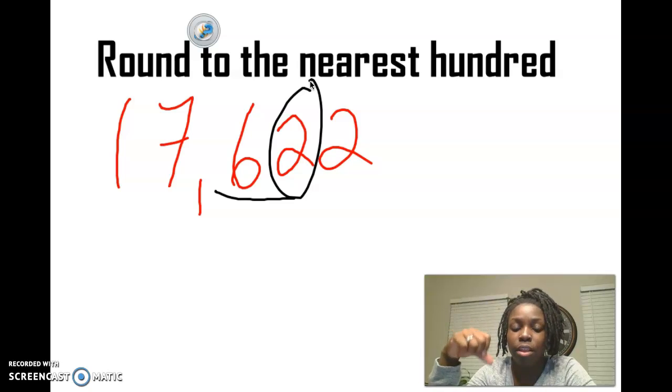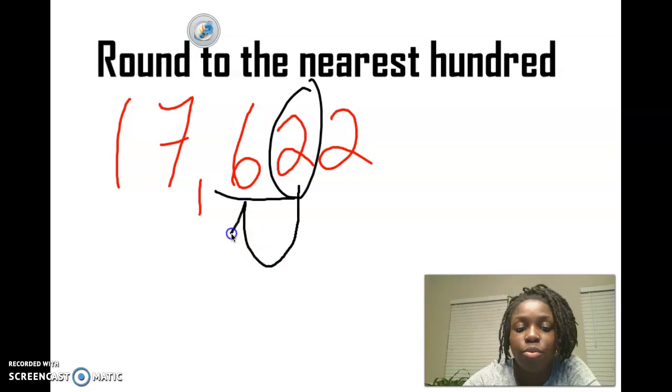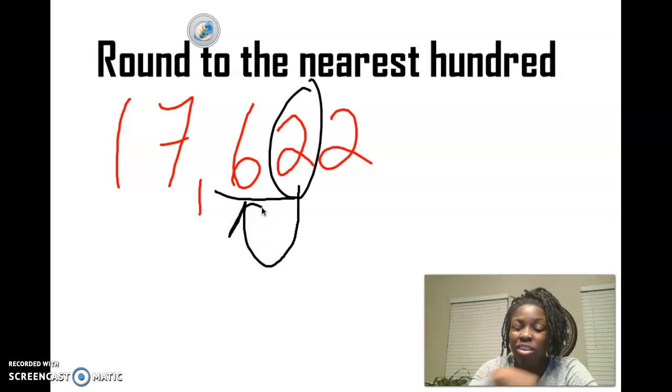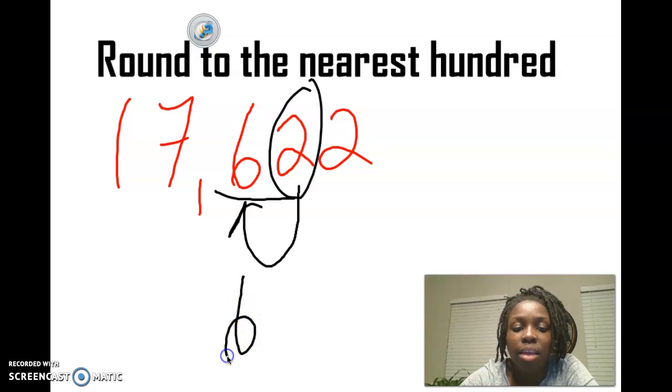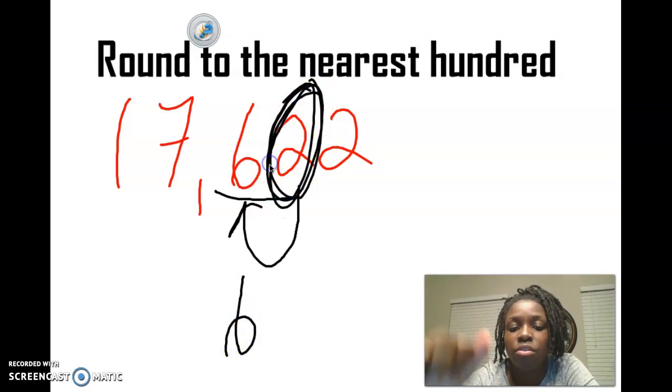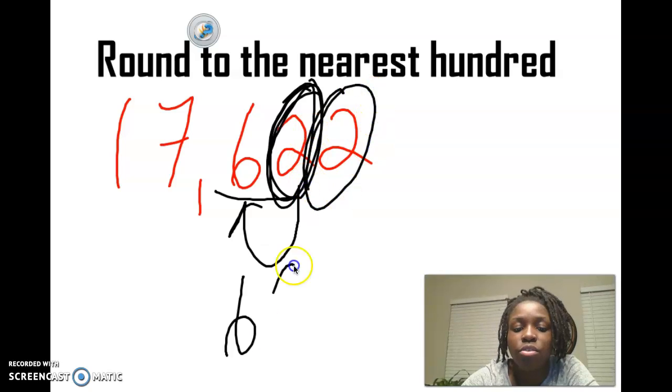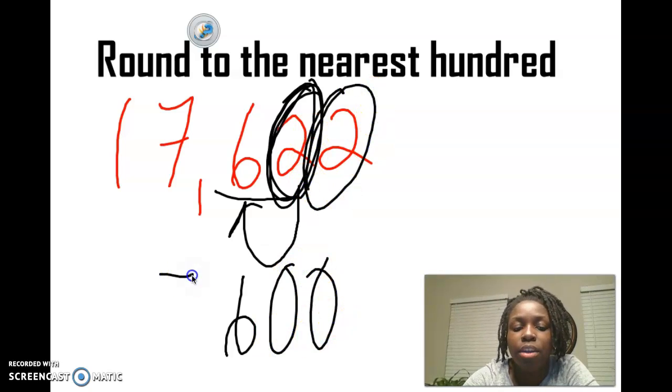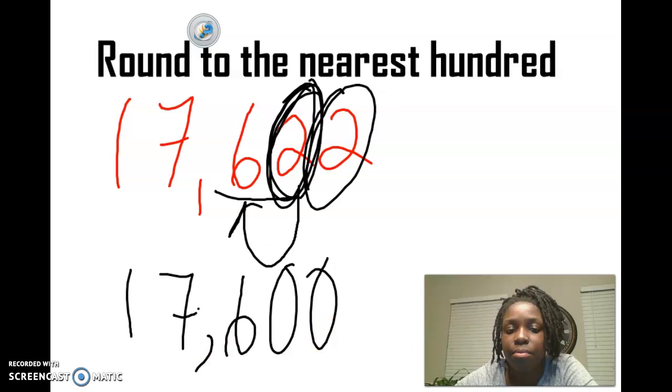The 2 is 4 below, so we let it go. So that means we let this 6 go. Remember, you always let the number in front of it go. The 6 stays the same, and everything behind it turns into zeros. That's why I always circle this one. And then I bring down my 7 and my 1. So 17,600.